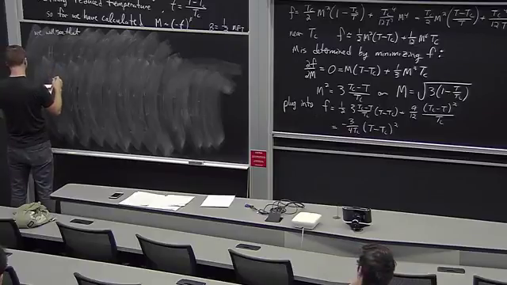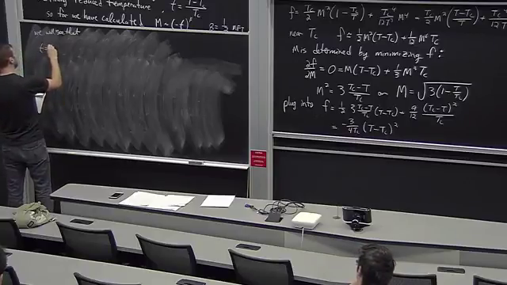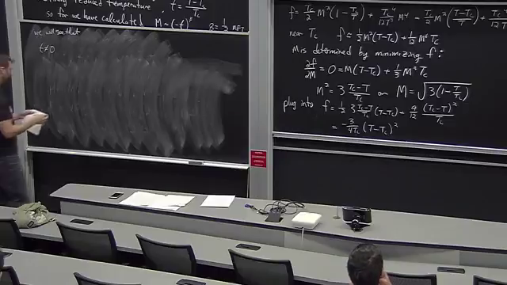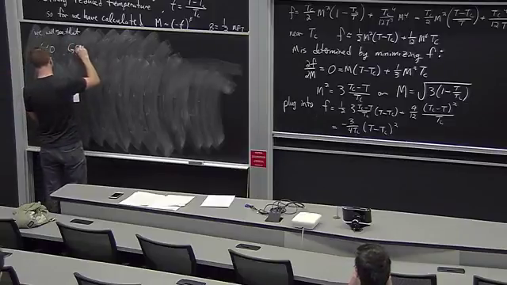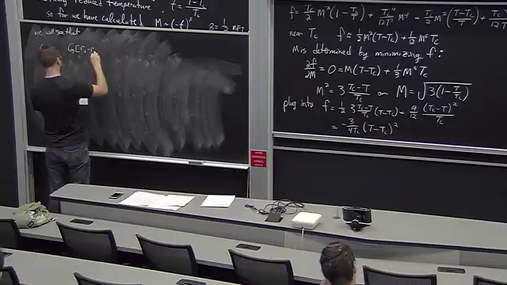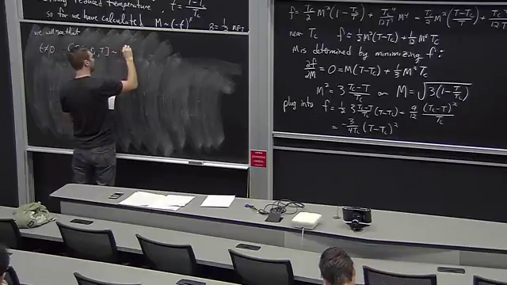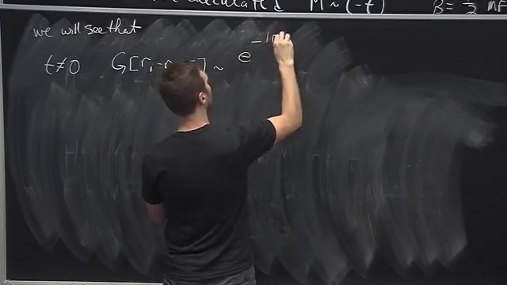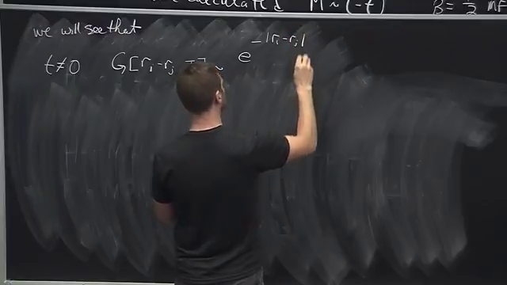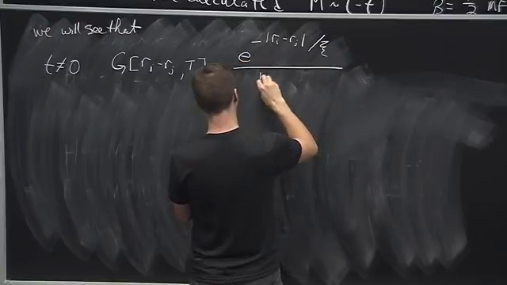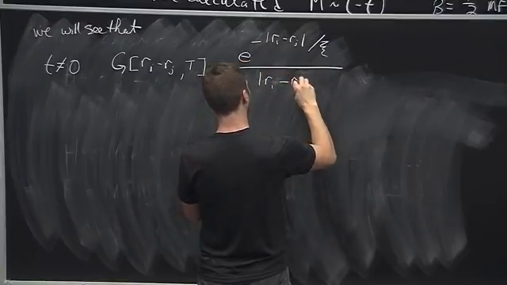What do I want to do? So let's go away from criticality first. So reduced temperature not equal to 0. Then my two-point correlation function, which can be a function of temperature. So let me just say this is T not equal to Tc. Goes somehow as an exponent over some power law decay.